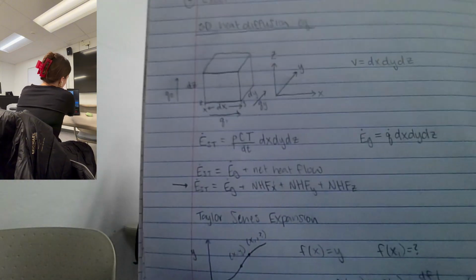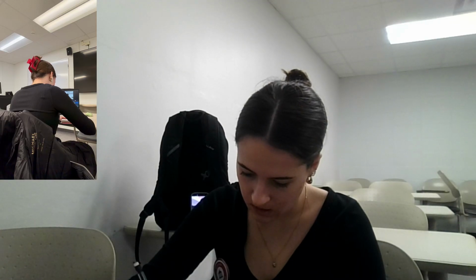And we can go ahead and plug in our known values for the energy storage and the energy generation that we wrote at the beginning here. So we'll have energy storage as our density times heat capacity times temperature all over change in time times the volume, dx, dy, dz, equals all of our net heat flows, dq in the x, dx times dx.